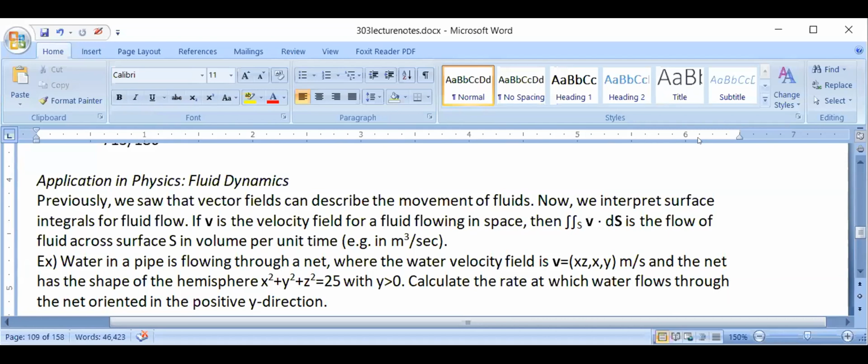What if V is the velocity field for a fluid flowing in space? Then our vector surface integral, the double integral over the surface S of our fluid velocity field V dot dS, is the flow of the fluid across the surface S in volume per unit time, so cubic meters per second.